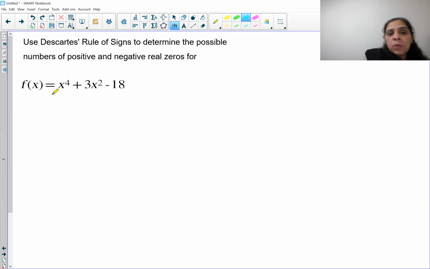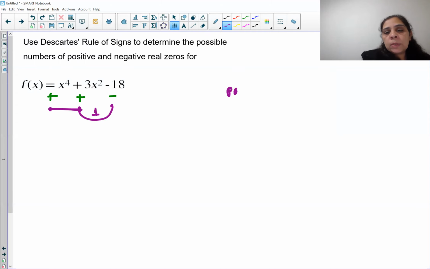So see, the first term we have is positive, right? First term positive, second term positive, third term negative. So now we will check how many times we have a sign change. We have positive to positive, right? So there is no sign change. Then positive to negative, there is one sign change.